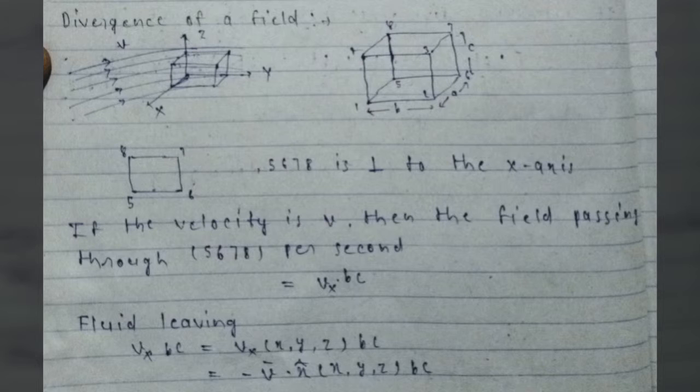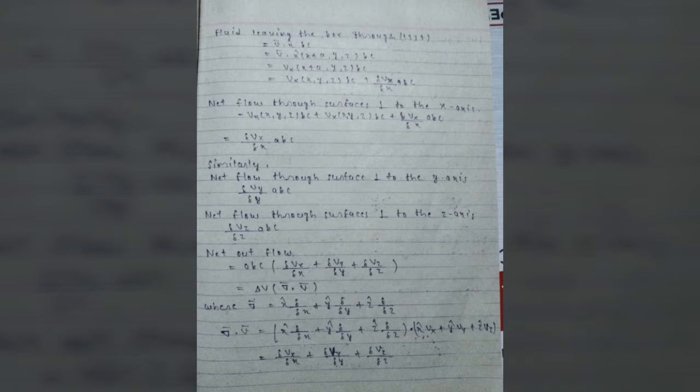So, fluid leaving, the magnitude we already said is Vx BC, which is Vx at x, y, z, BC, and which component? The component in the minus x direction. So, I am going to write this as V dot x in the minus direction at x, y, z, BC. This is fluid leaving from 5, 6, 7, 8.